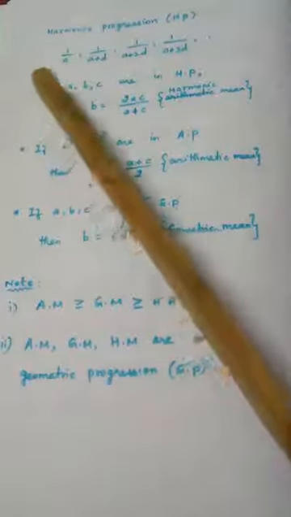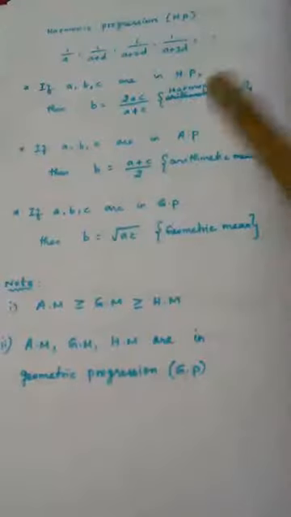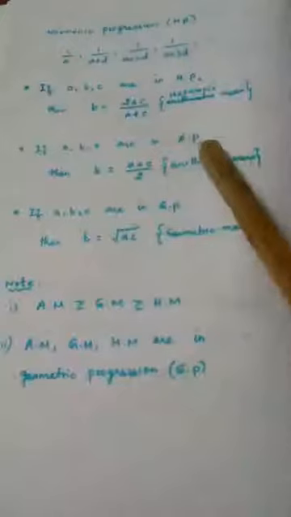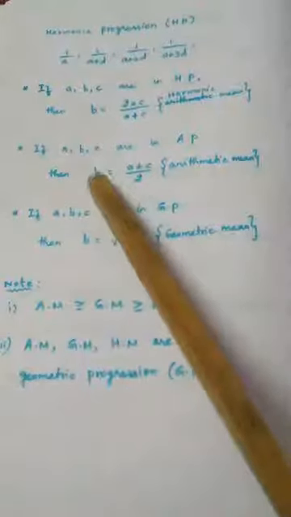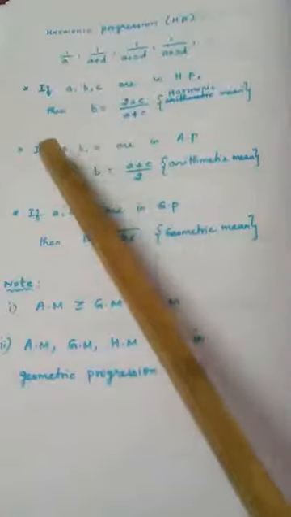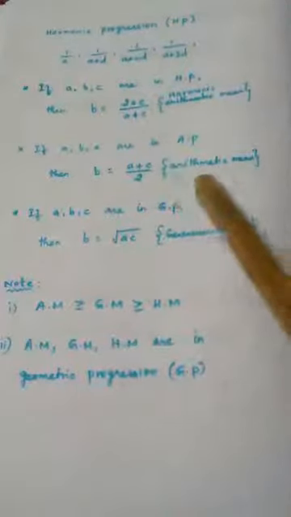Now another few things that we are going to learn is harmonic mean. First we will see arithmetic mean. If a, b, c, these three terms are in AP, arithmetic progression, then we can write b as (a plus c) by 2, which is called arithmetic mean.